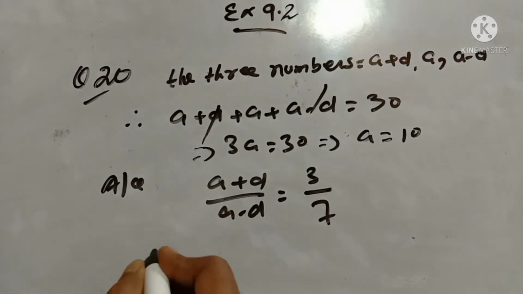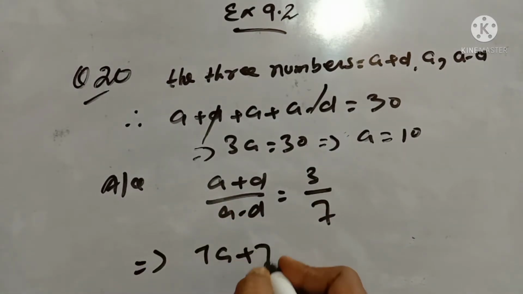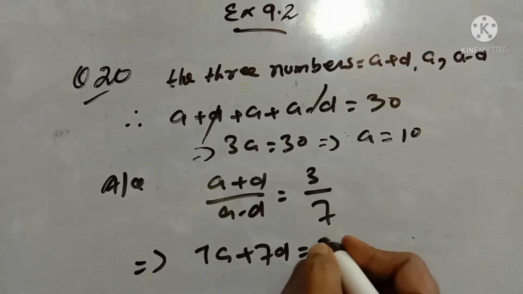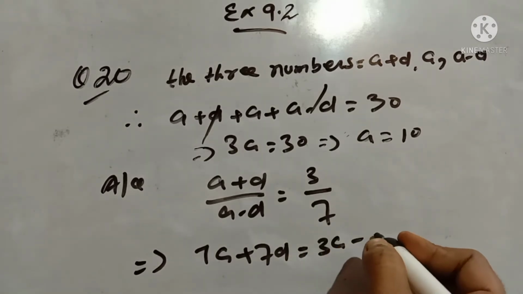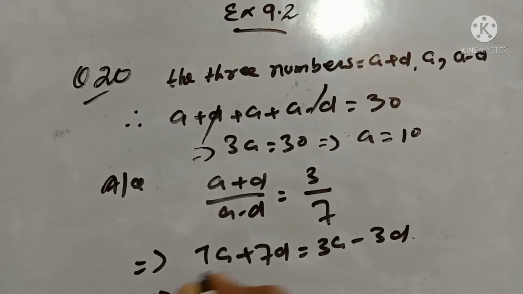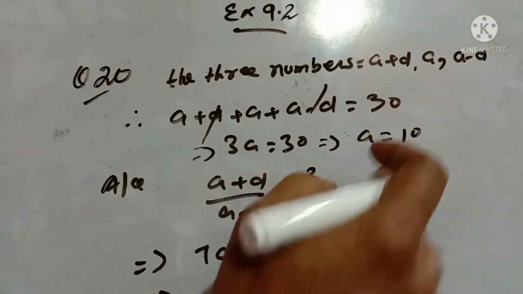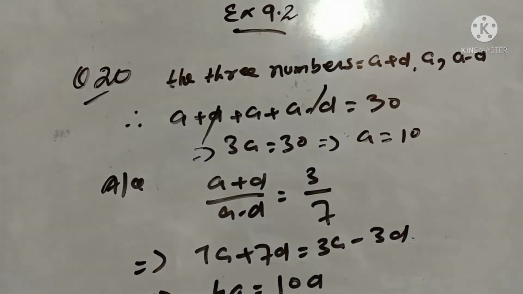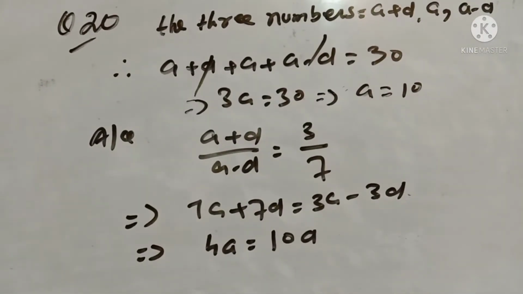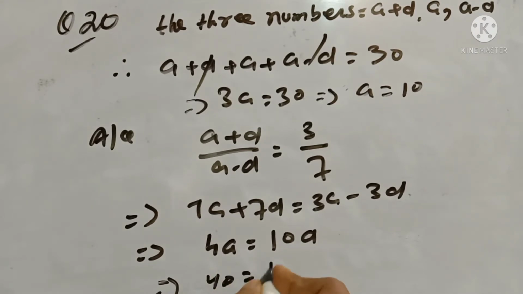So 7a plus 7d is equal to 3a minus 3d. So 4a is equal to 10d. From here we can put the value of a. So this should be 40 is equal to 10d.